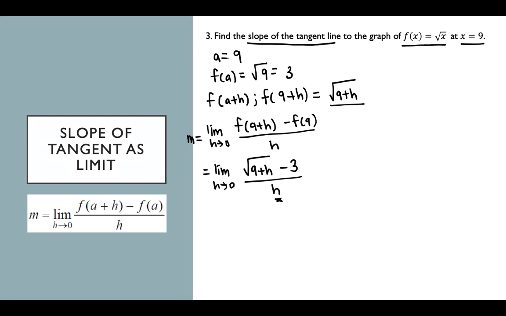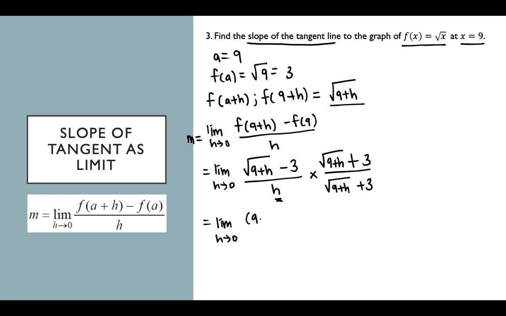So what you can do is rationalize it. So rationalize by finding the conjugate pair. So square root of 9 plus h, 3, but instead of minus, you're doing plus. Whatever you do to the top, you've got to do to the bottom, plus 3. So limit h approaches 0.